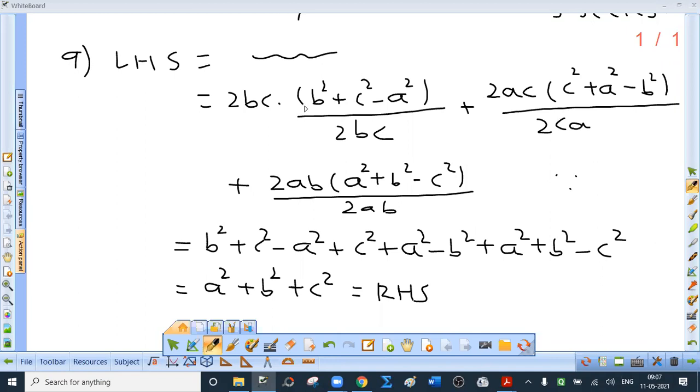So by cosine rule, what is cos A? It is B square plus C square minus A square upon 2BC. This is cos B and this is cos C. Here 2BC, here 2AC and here 2AB get cancelled. Then write remaining terms, you will notice that you get A square plus B square plus C square, which is nothing but right hand side.